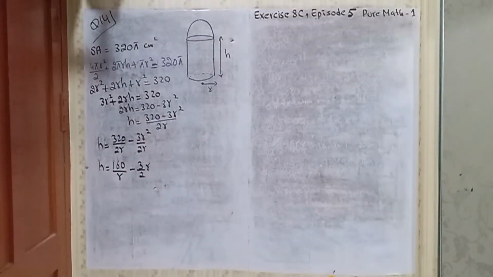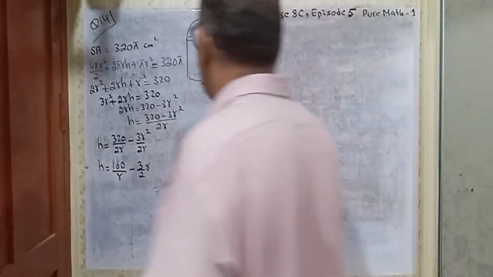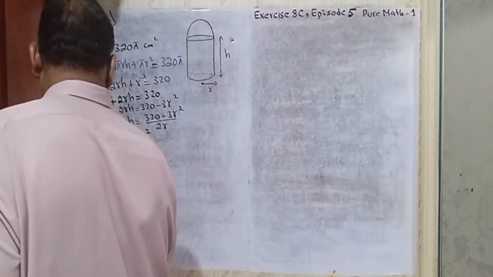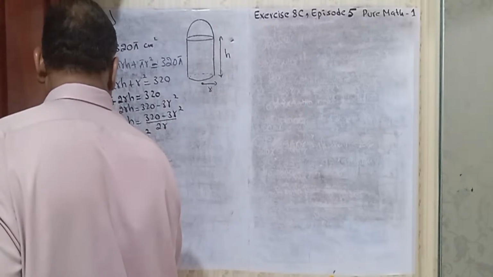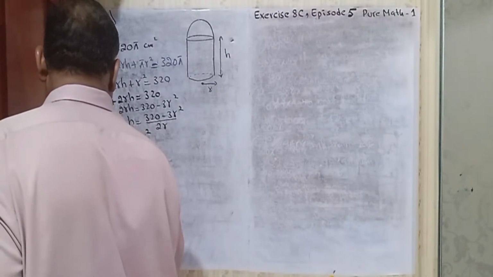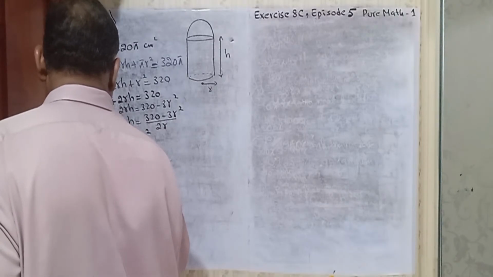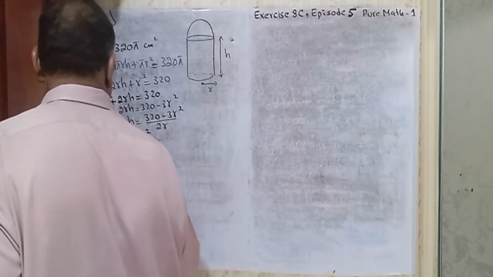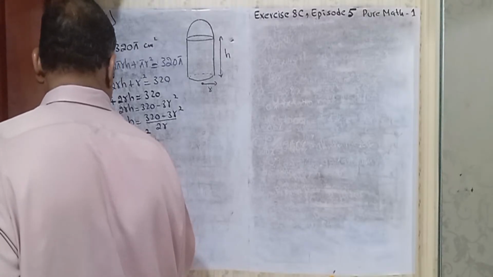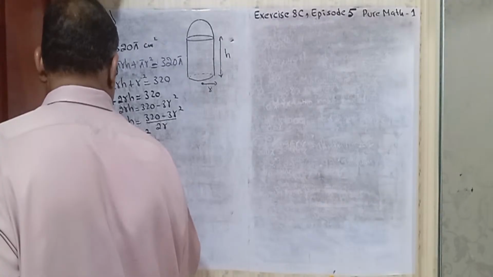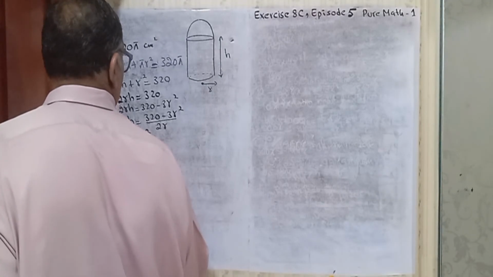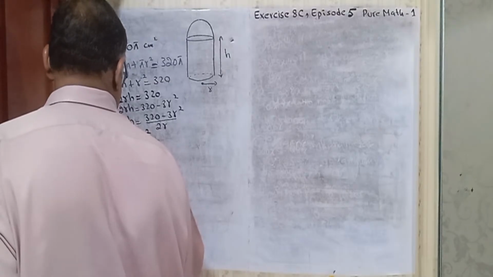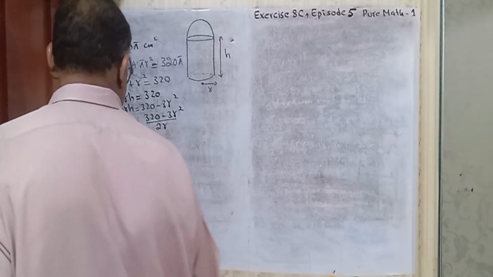Volume is very easy. You know the volume of this shape. There are two shapes basically. So the volume will be equal to the volume of the hemisphere, that is 1 by 2 into 4 by 3 pi r cube, plus the cylinder's volume, pi r square h.